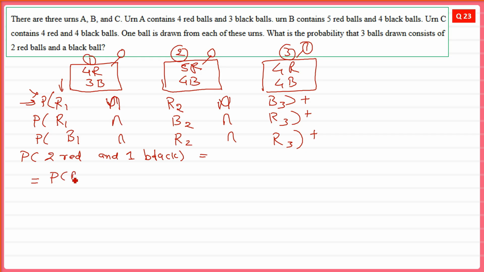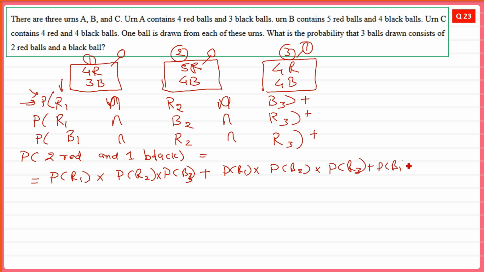The first, P(R1 intersection R2 intersection B3), is written as P(R1) multiplied by P(R2) multiplied by P(B3). The second term, P(R1 intersection B2 intersection R3), becomes P(R1) multiplied by P(B2) multiplied by P(R3). The third one, probability of B1 intersection R2 intersection R3, is P(B1) multiplied by P(R2) multiplied by P(R3).